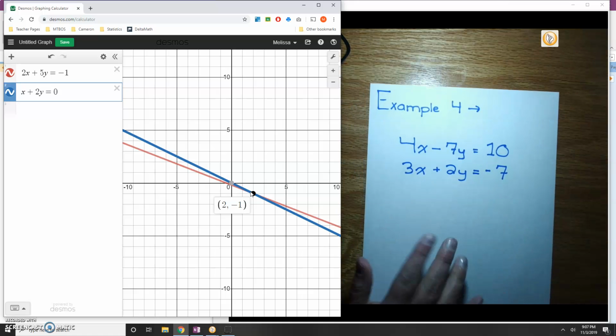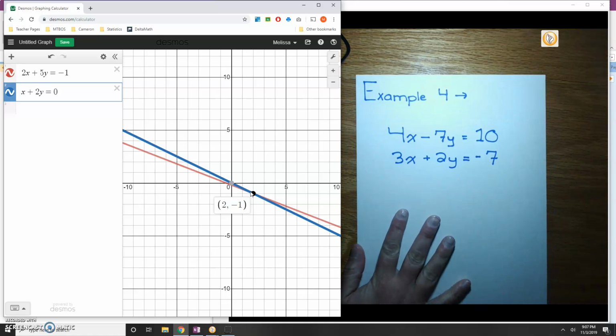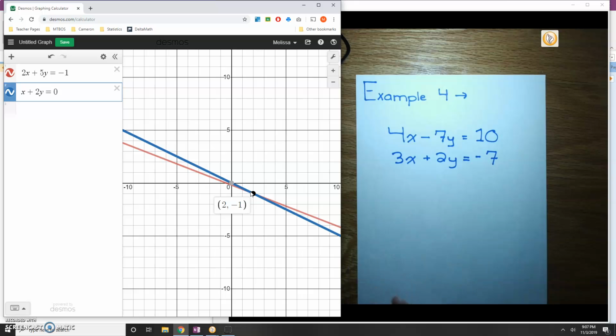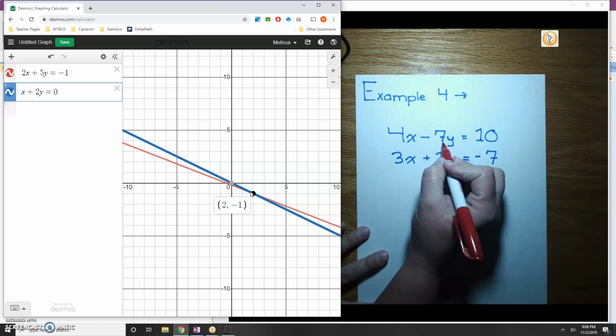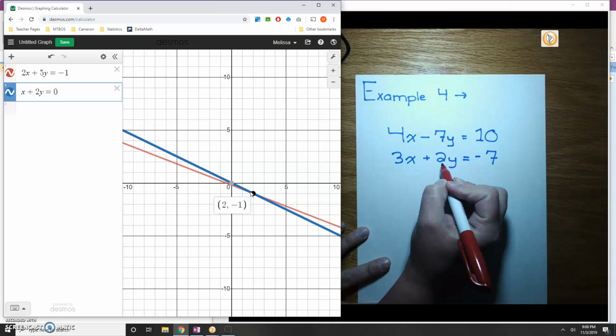Oof. All right, now example 4, we do not have anything that is perfectly, I can multiply one thing and it cancels out. I mean, I guess you can multiply by 3/4 up there or negative 4/3 down there. But I'm going to go ahead and show you how I would go about this problem. So I have a negative 7 and a positive 2.